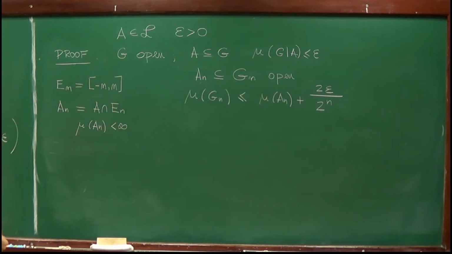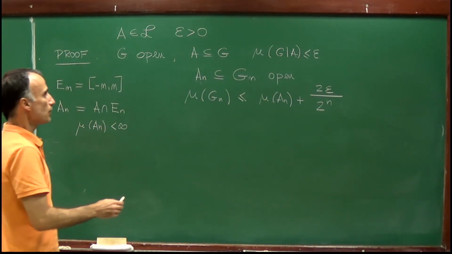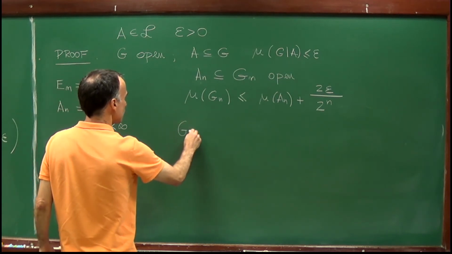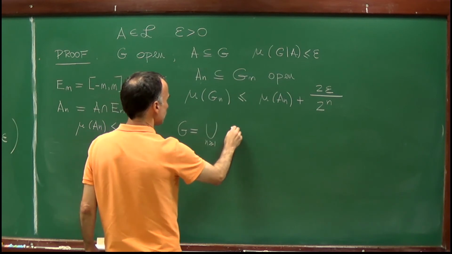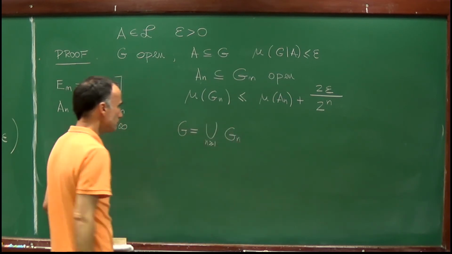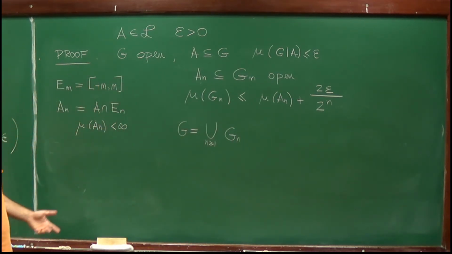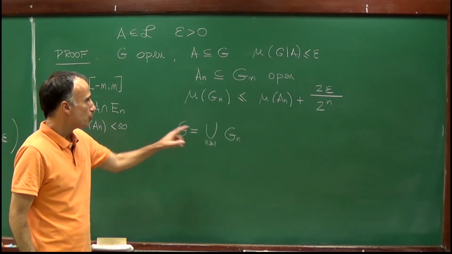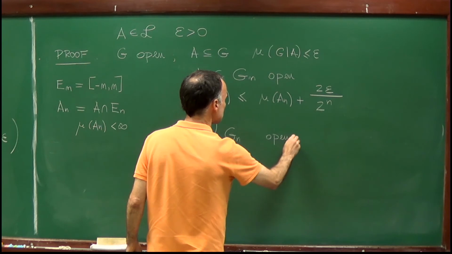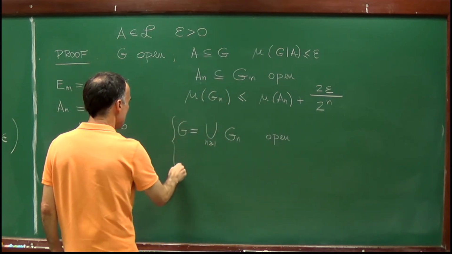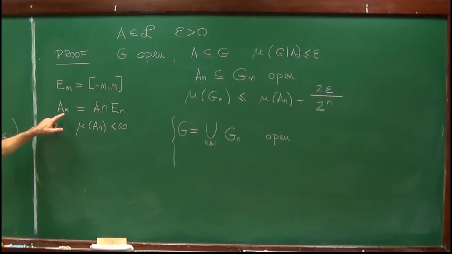Now we are essentially done. So let's define G to be the union of G_n. G is an open set. Let's observe that A_n is given as A intersection E_n.